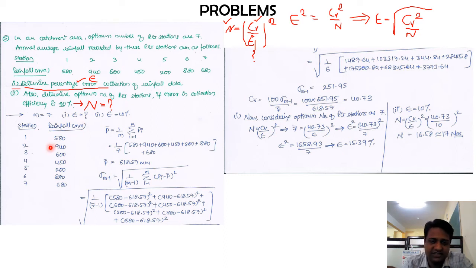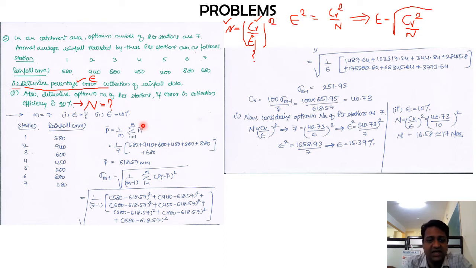Okay, so moving on with respect to the formulas, initially we need to determine the value of p bar. For this p bar, it will be 1 by m summation of i varying from 1 to m of pi. Since I have my value of pi varying from 1 to 7, this is going to be p1 plus p2 plus p3 plus p4 plus p5 plus p6 plus p7.